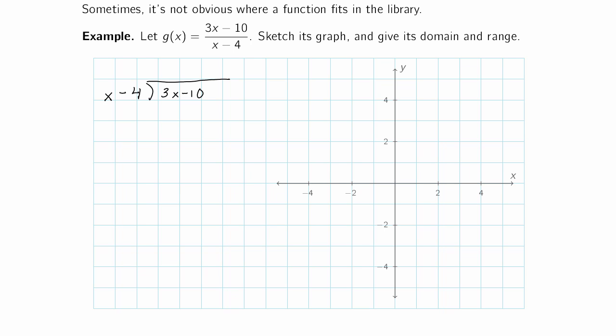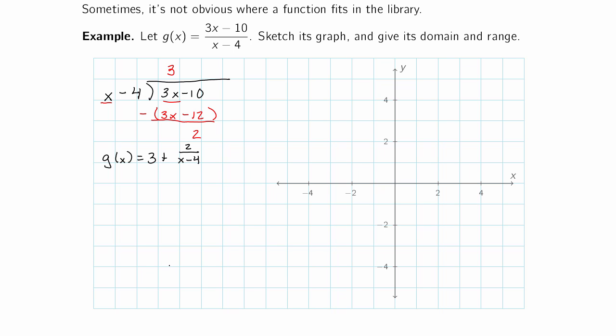And looking at just the leading terms, x goes into 3x 3 times. 3 times x is 3x. 3 times negative 4 is negative 12. We subtract, and we get positive 2 as our remainder. Our function is g of x equals 3 plus 2 over x minus 4.